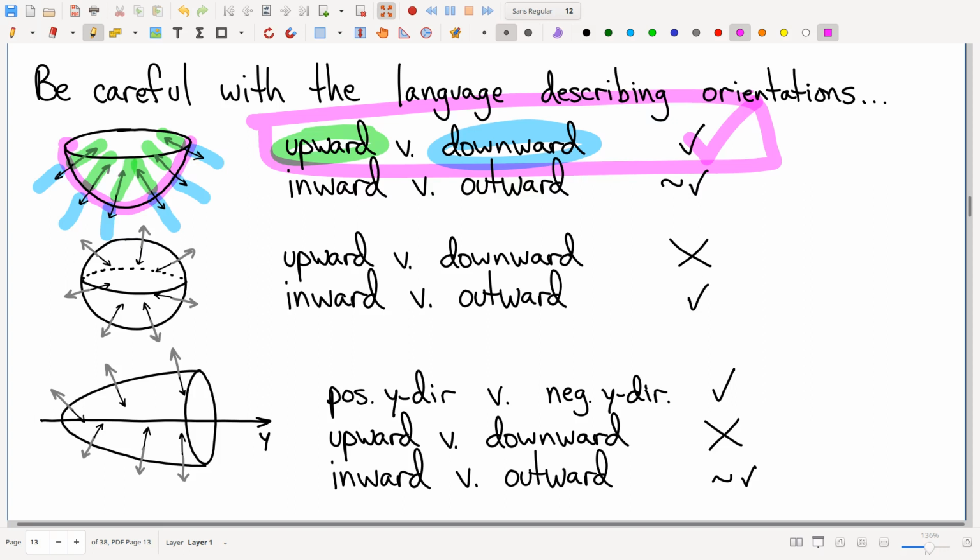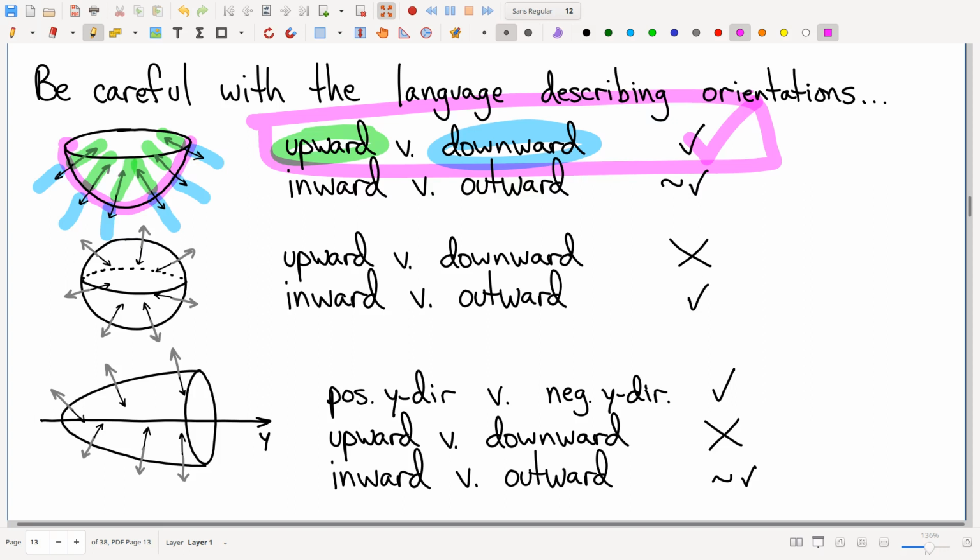And then likewise, if I were to say downward, there's no way I could be talking about this green orientation, because none of these vectors point in any sense downward. They're all at least somewhat upward. So we choose this language to distinguish between these options, not because it's exact, it isn't, but because it makes an unambiguous distinction between the two possibilities. How are we doing? Everybody all right?